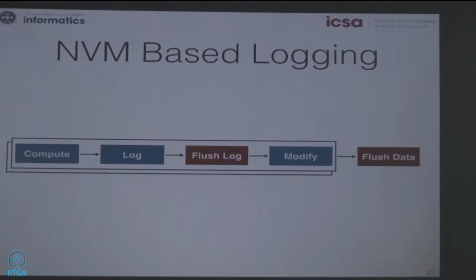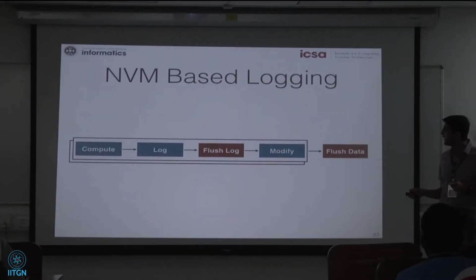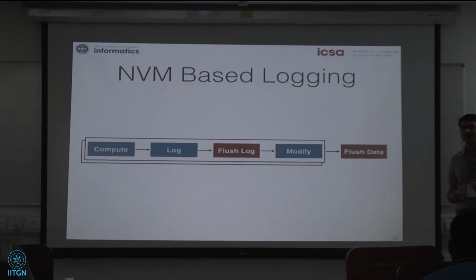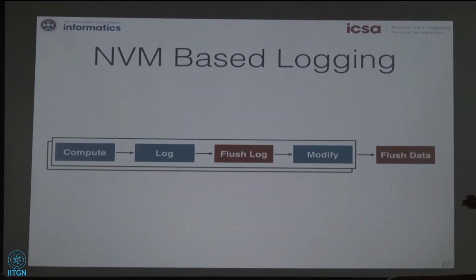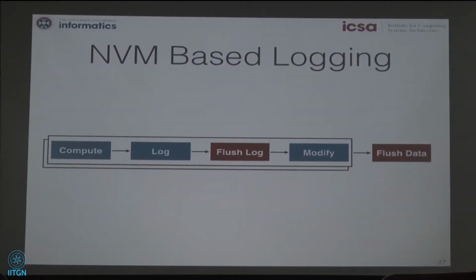There is a clear separation of volatile and persistence phases which allows you to amortize the cost of writing to disk. But if you look at the same thing in a system with NVM, after computing and writing the undo log entry, we have to first flush the undo log entry to the non-volatile medium, and only then can the value be modified in place. Why is this the case? Because as we saw earlier, the boundary between volatile and persistence medium is hardware controlled. If we don't flush this log before modifying the value in place, the modified value might get replaced from the cache and reach NVM.